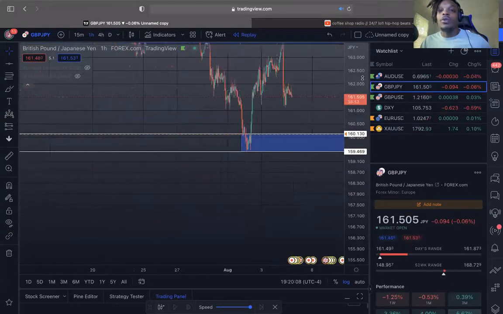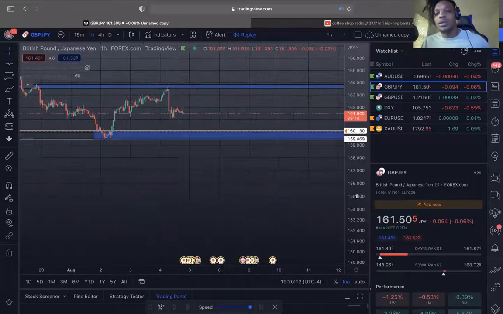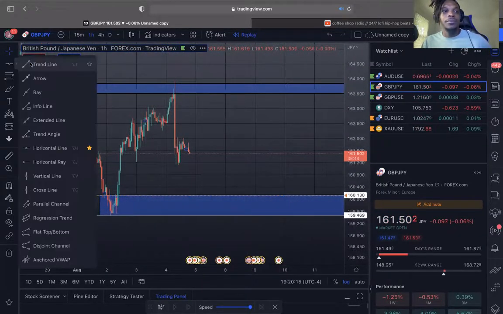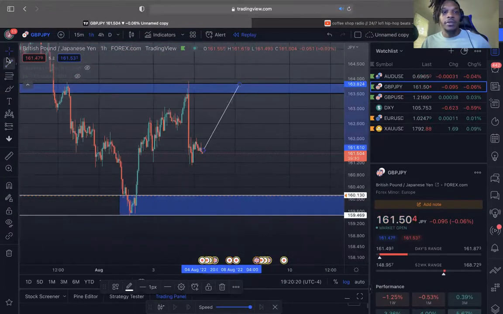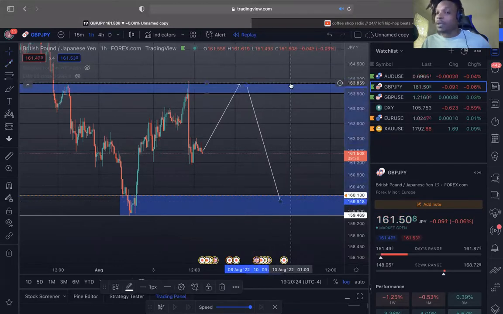GJ, what do I see in GJ? We are in a seller's market. Either the market can pull back here one more time before coming back down, maybe. I'm not saying I'm predicting this to happen.